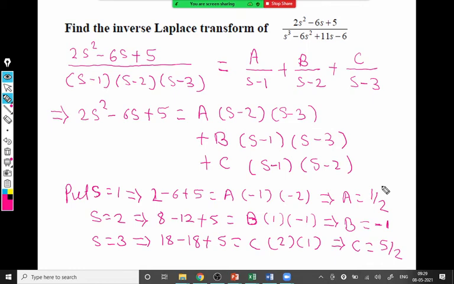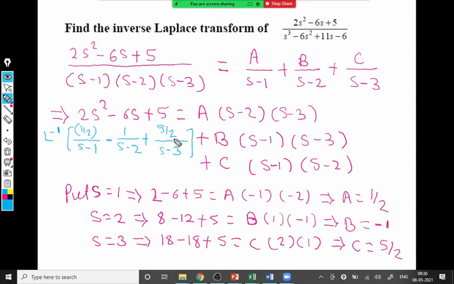We got A, B, C now. Last step then. Last step will be L inverse of, I am writing here as there is no space. The value of A is 1 by 2, so 1 by 2 upon s minus 1. Value of B is minus 1. And the value of C is 5 by 2.